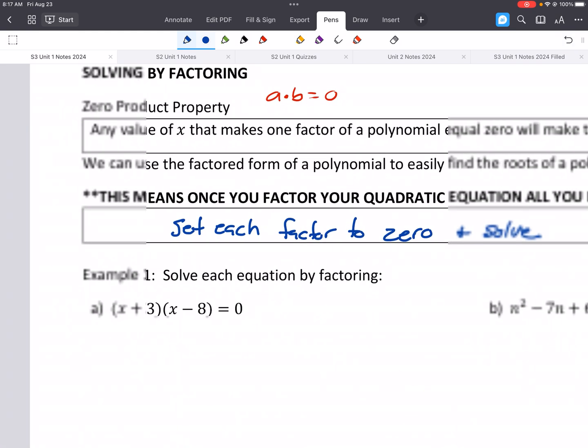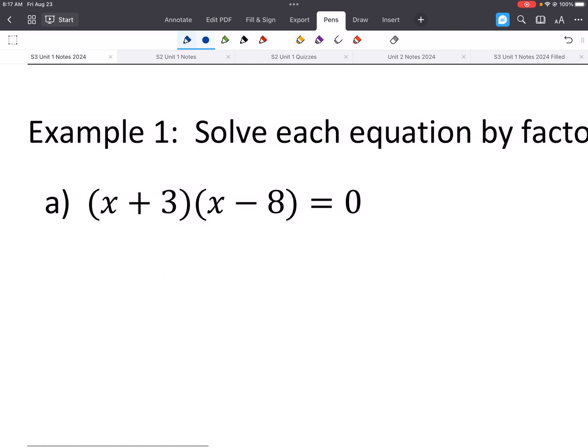Okay, so if we look at this example, we have 2 factors that are being multiplied and they're equal to 0. So that means that either our first factor, x plus 3, has got to be equal to 0. If this whole thing is 0, then the whole equation is going to be 0.